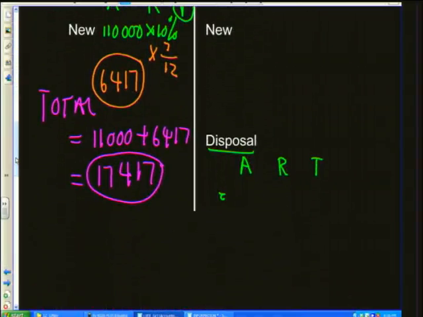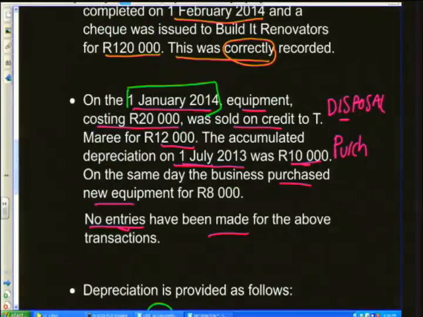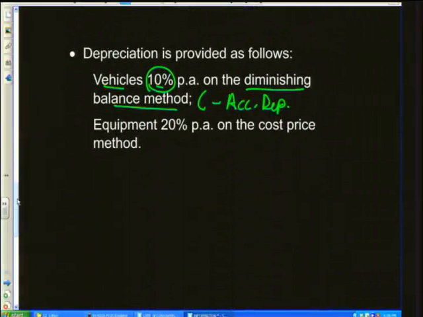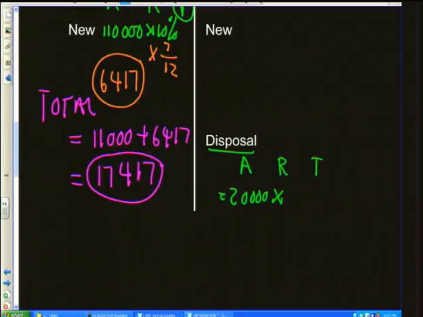So the amount is 20,000 times the rate of depreciation. Let's go to our information. Okay, we've read this out already. Depreciation on equipment is at 20% per annum on the cost price method. Right, so let's go back there. So times 20% because it's on the cost price method.